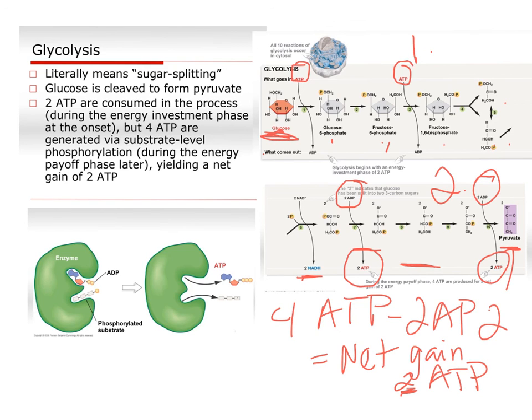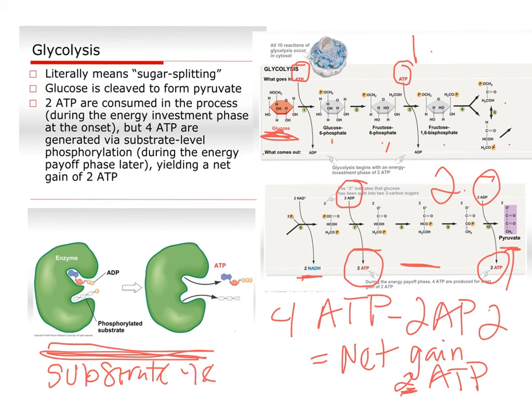One other thing I do want to talk to you about is in cellular respiration, there's 2 ways that you can generate ATP. In glycolysis and in the Krebs cycle, you're going to see what we call substrate-level phosphorylation.